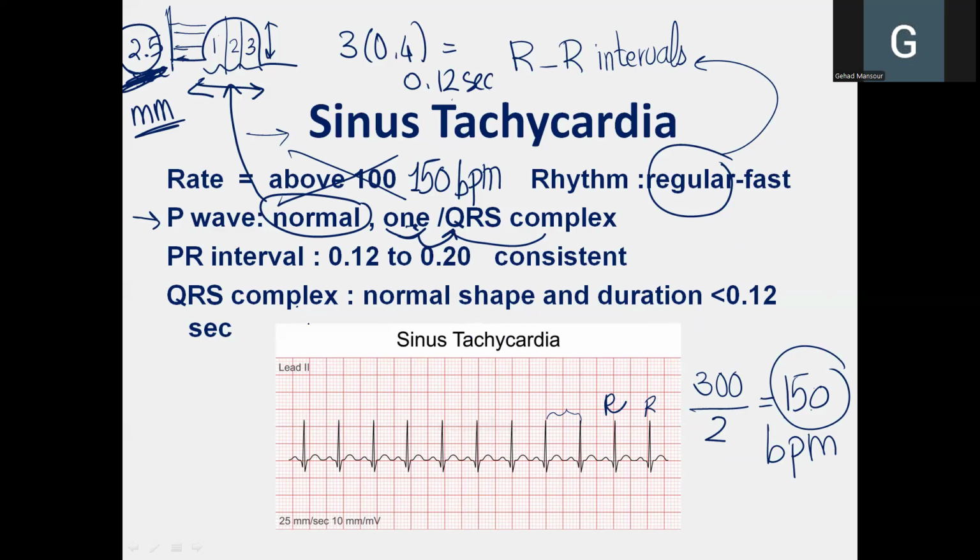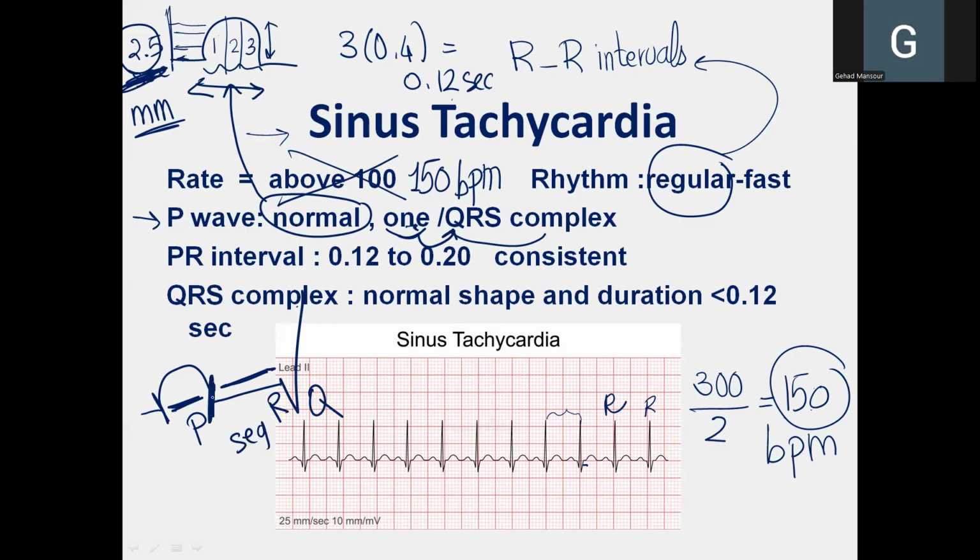And then we come to the PR interval. Again, you're going to measure the time duration between the beginning of the P wave to the beginning of the QRS complex. You would have the width of the P wave plus the width of the PR segment.